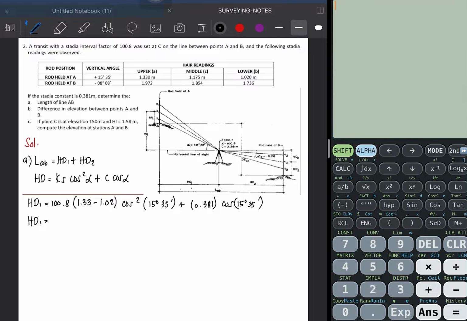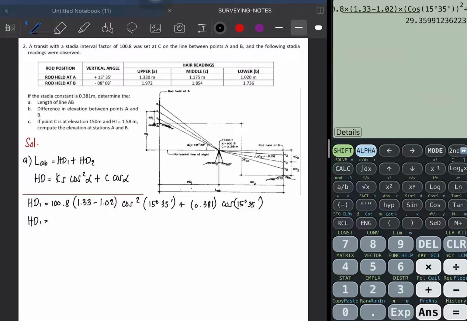You have your HD1 equivalent to 100.8 times 1.33 minus 1.02 times cosine squared of 15 degrees 35 minutes, okay, plus 0.381 times cosine of 15 degrees 35 minutes.